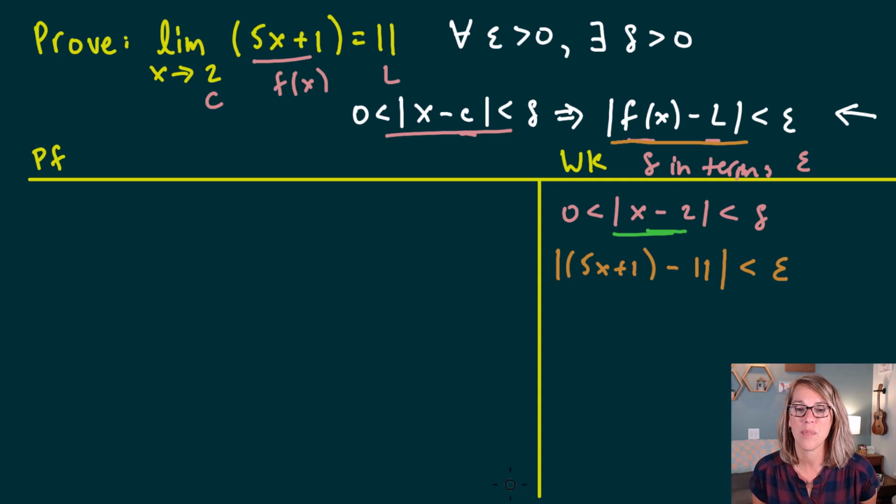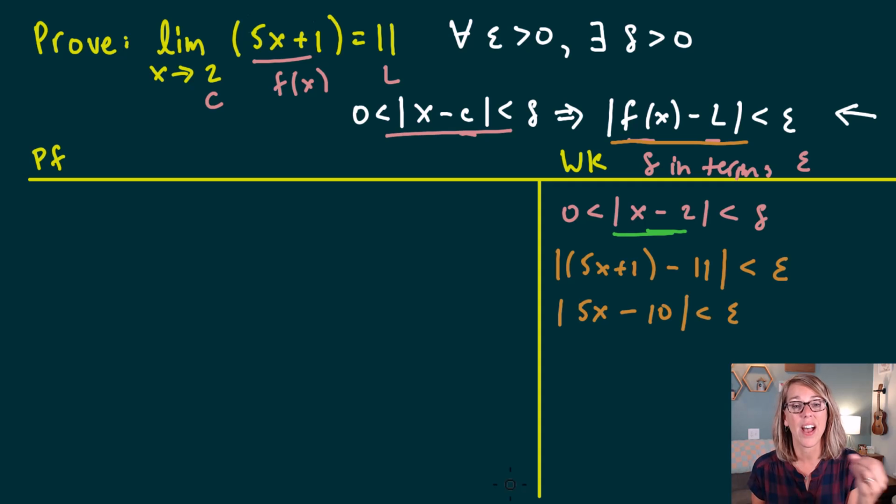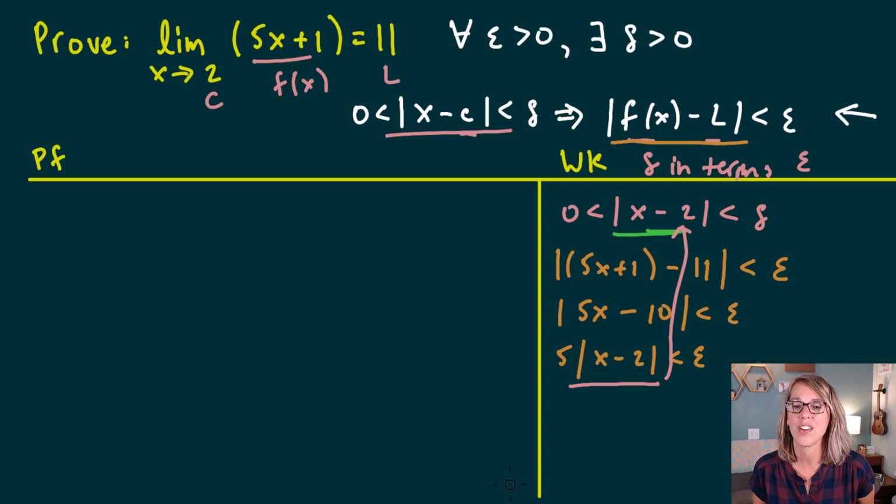So watch what I do. I'm going to work through the math here, just simplifying what I have on the inside. So that's going to give me the absolute value of 5x plus 1 minus 11. This is 5x minus 10, is less than epsilon. I can factor a 5 out in front of the absolute value bars. So 5 times the absolute value of x minus 2 is less than epsilon. And take a look at what I've got. I have what I have up here in my delta statement.